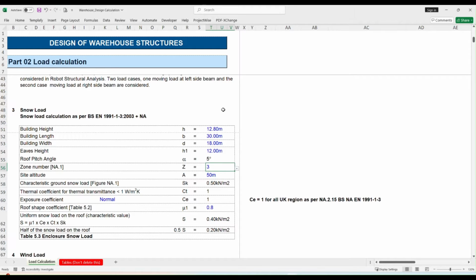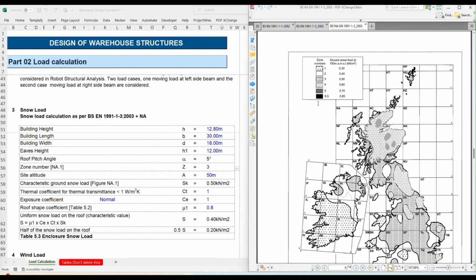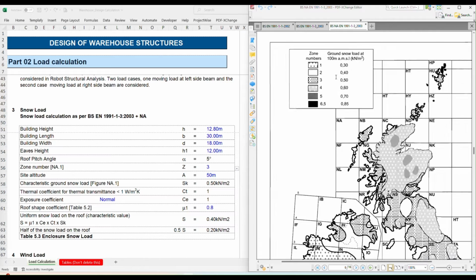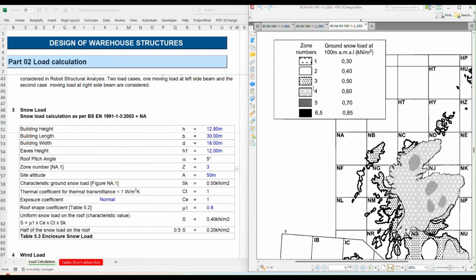Next one is the zone factor. Zone factor is to be assumed as per the conditions and location of the project, as defined in the technical specification. On the right hand side you can see the BS NA, that is the National Annex of European Standard EN 1991 part 1 section 3. Here there are 6 zones.